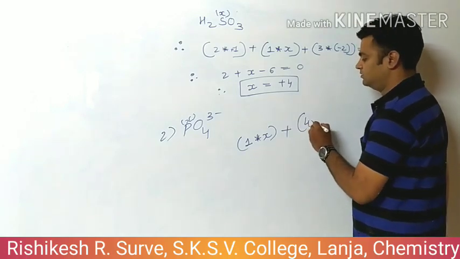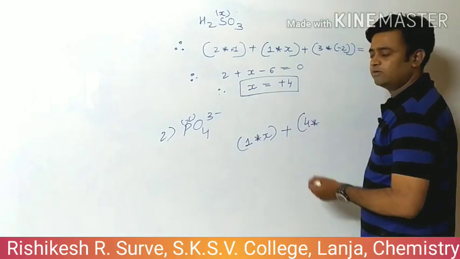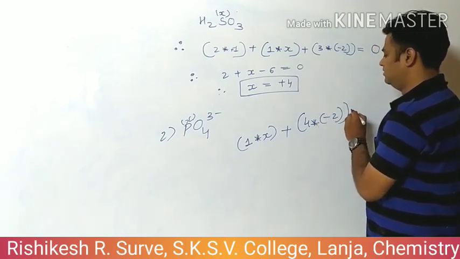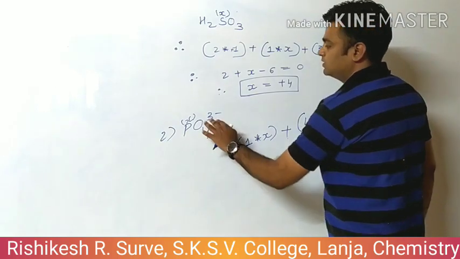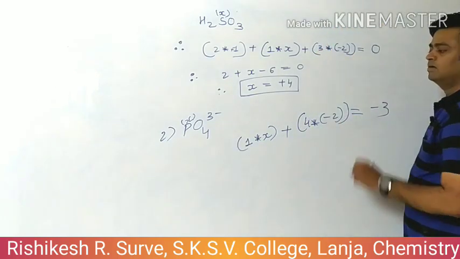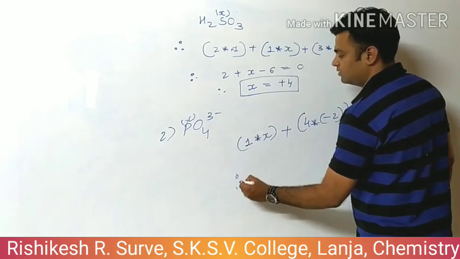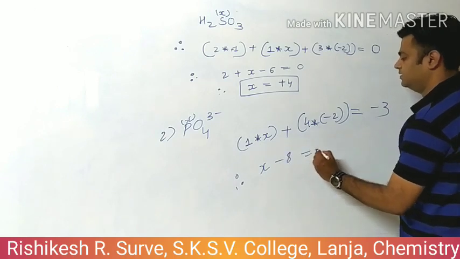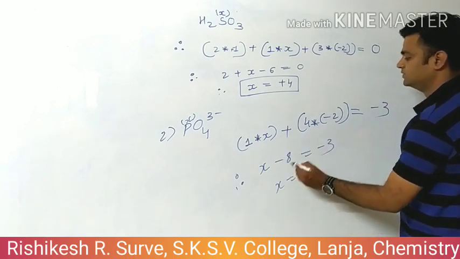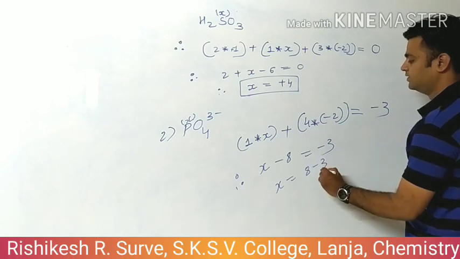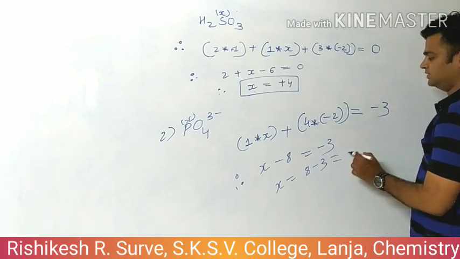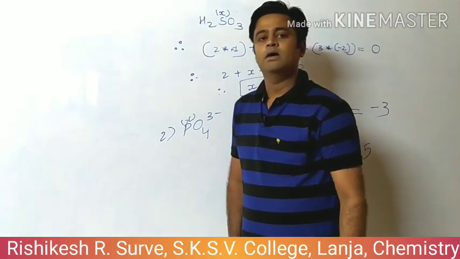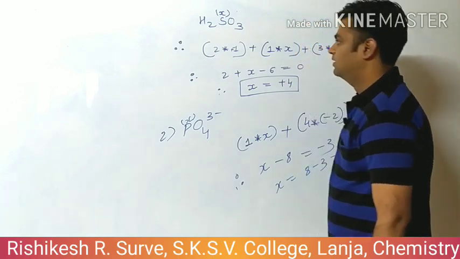There are 4 oxygen, 4 into, we know the oxidation state of oxygen is -2, and equals, see the overall charge is -3, and therefore X, 4 2s are 8, -8 equals -3, therefore X equals 8 minus 3, and the oxidation state is +5.